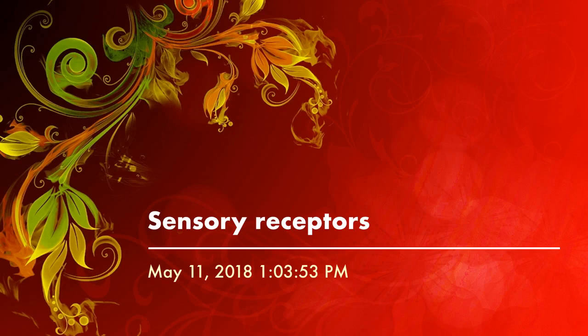So the first thing that happens is the odorant molecule binds to receptors on the cell membrane of olfactory neurons. You can see the olfactory neurons, right? You can see them embedded there in the nasal epithelium.